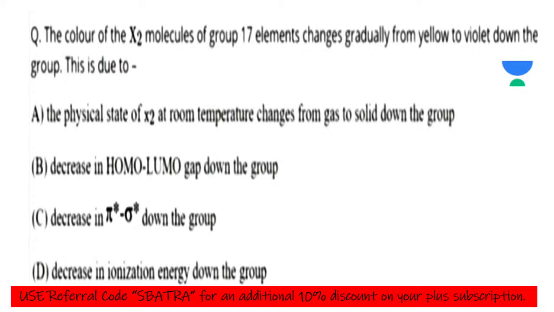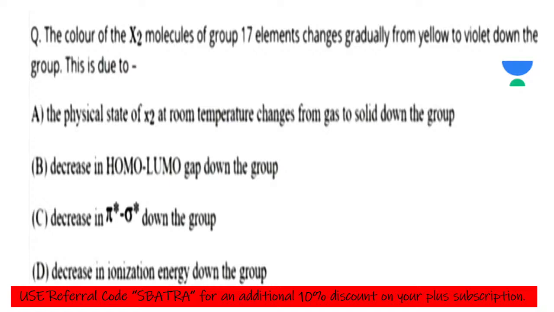You can read this question, and it's MSQ. It's not MCQ, it's MSQ. The question is, the color of X2 molecules of group 17 elements changes gradually from yellow to violet down the group.